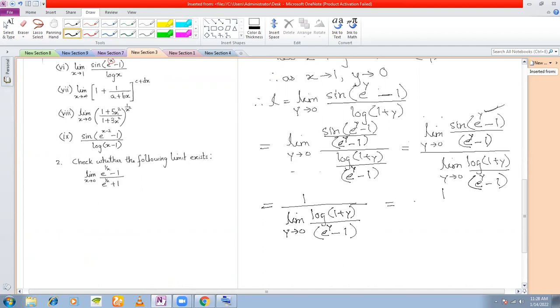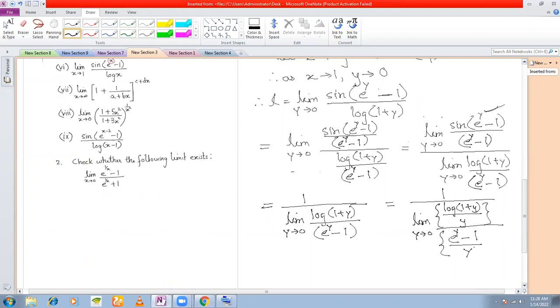What is missing here in the denominator? What are the standard limits? Log 1 plus x by x is a standard limit. So I divide the numerator by y. And in the denominator, e to the power of x minus 1 by x is the standard limit.